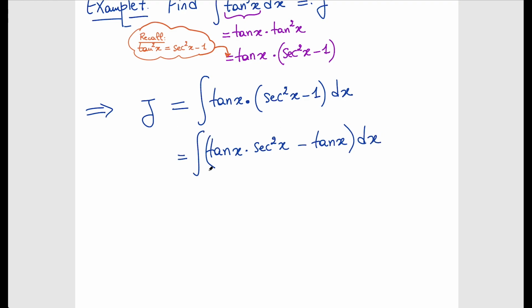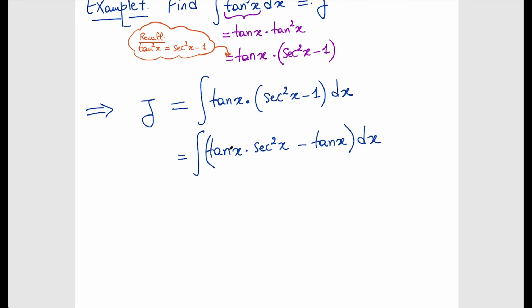Do we know how to integrate tan times secant squared? Yeah, it's a simple u substitution. Here the power of secant is even, right? So if you call u to be secant, as we did above, then the derivative of secant is going to be sec tan, right?